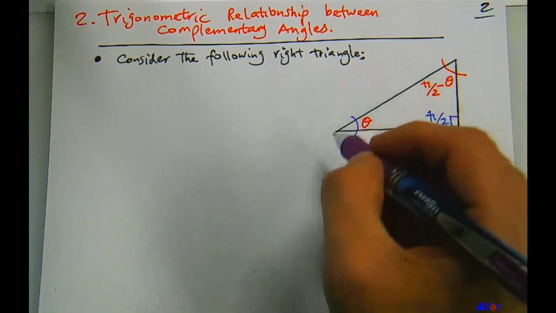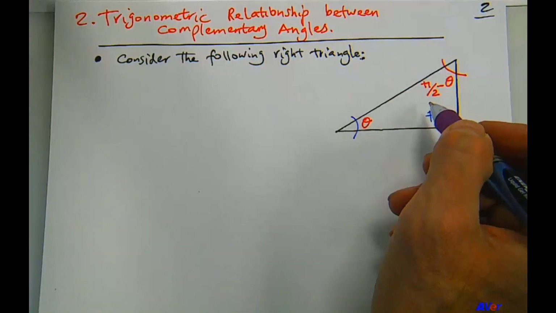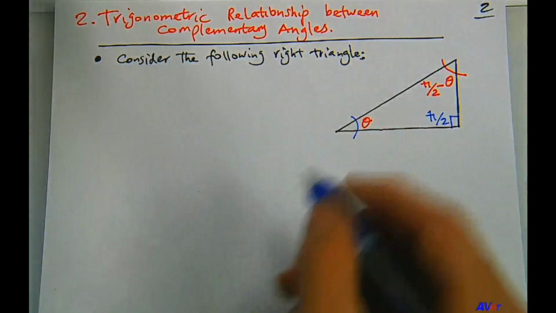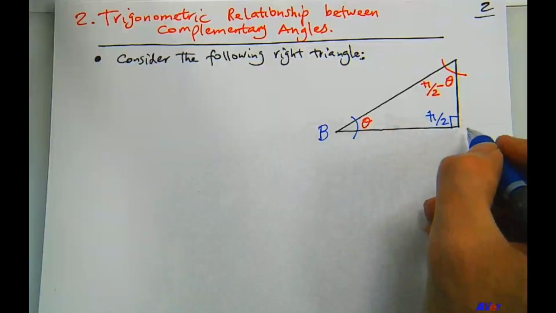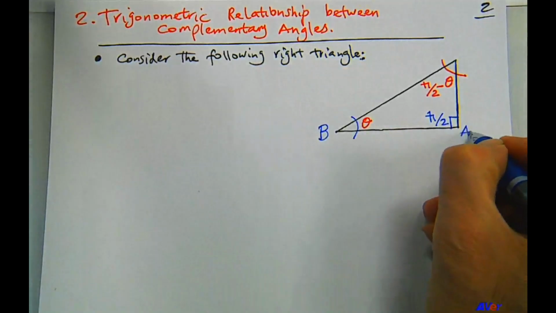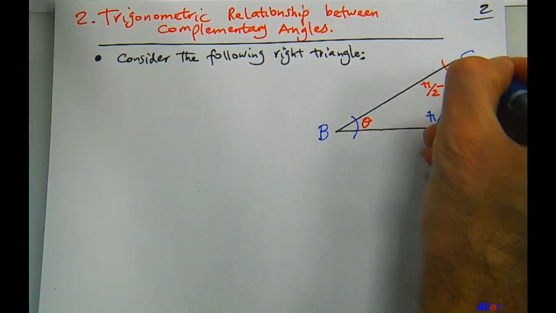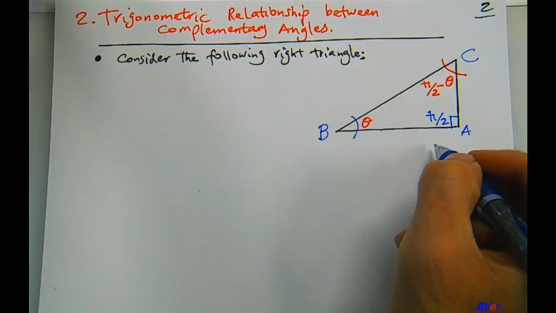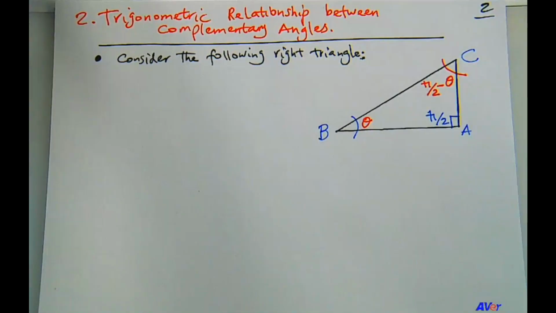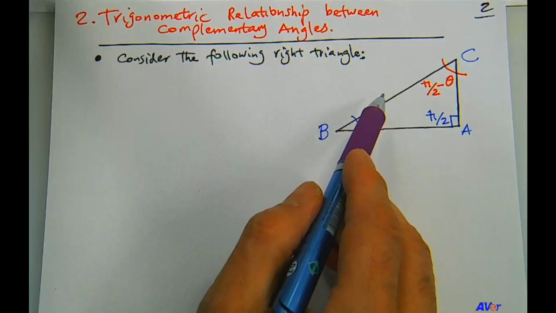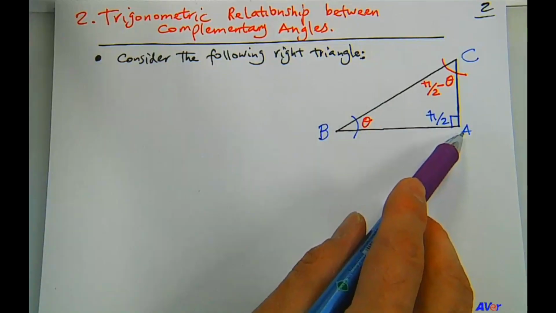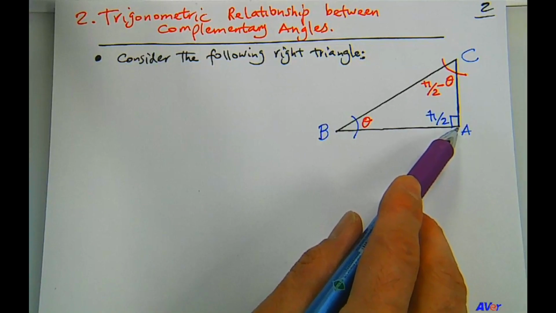So let's give these corners and sides some labels. Let's call this corner vertex B. This one vertex A. This one vertex capital C. And we're going to label each side with a letter that is opposite to the labeling of the angle.